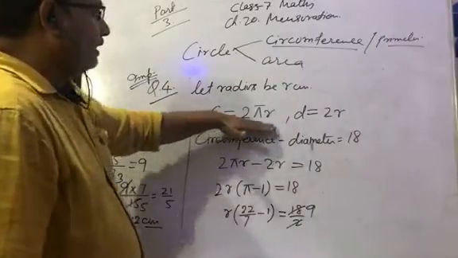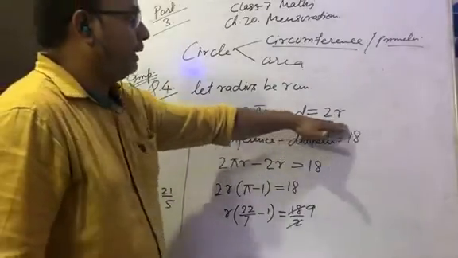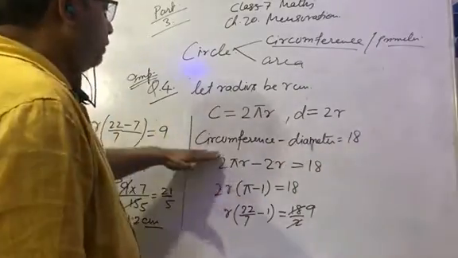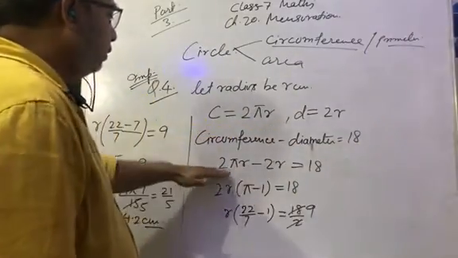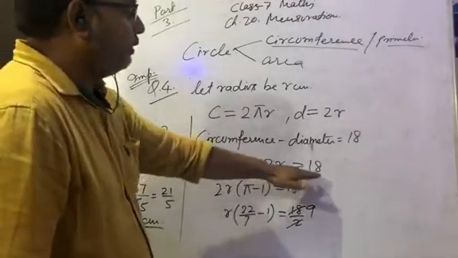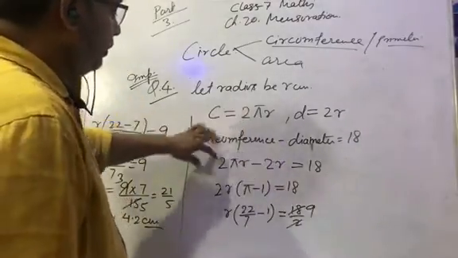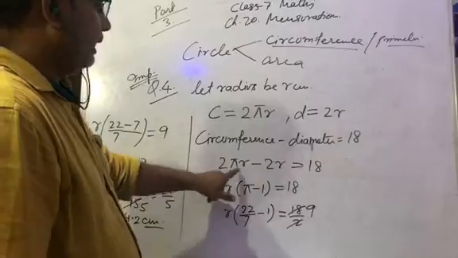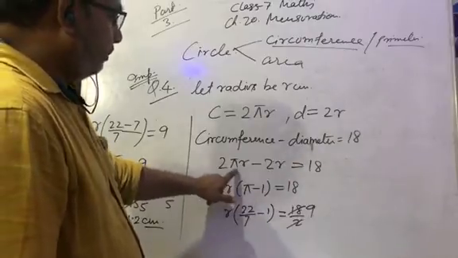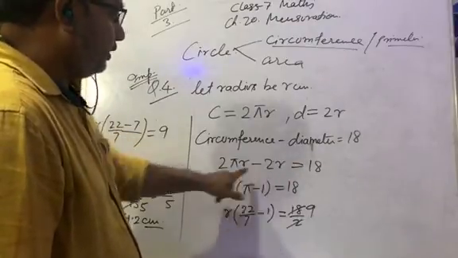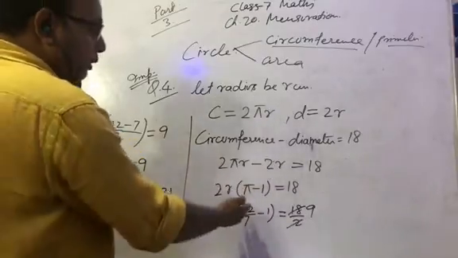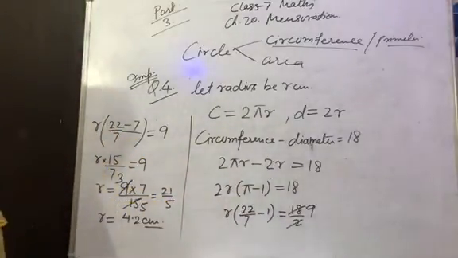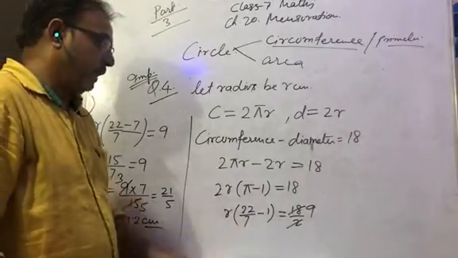The circumference is equal to 2 pi r and the diameter is equal to 2r. So circumference minus diameter is equal to 18. So 2 pi r minus 2r is equal to 18. You just take out the common 2r, then in the bracket pi, and in place of 2r is 1. So you can put the value of pi, this is 22 upon 7 minus 1.